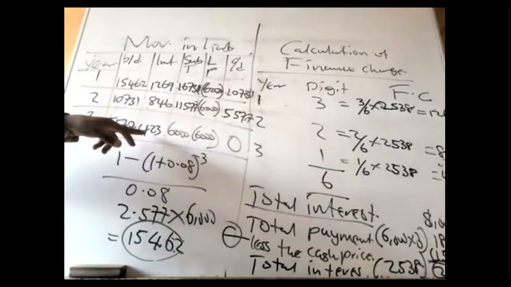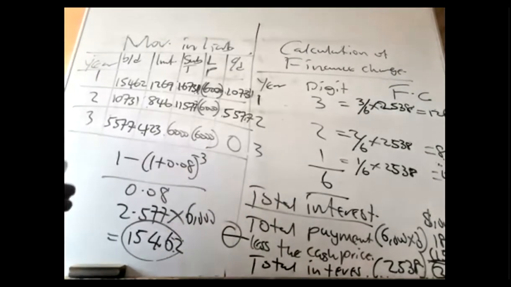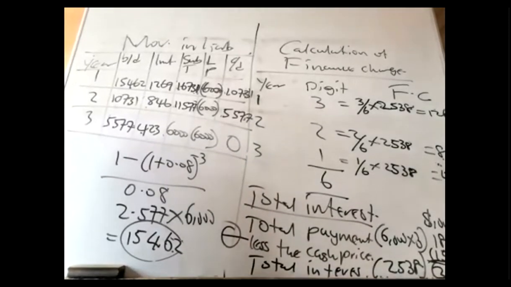Now add 423 to the 5,577, and then you get exactly 6,000, right? Perfect. So that is how we are going to look for it. So kindly take notes, as the rest of the calculation continues from there.